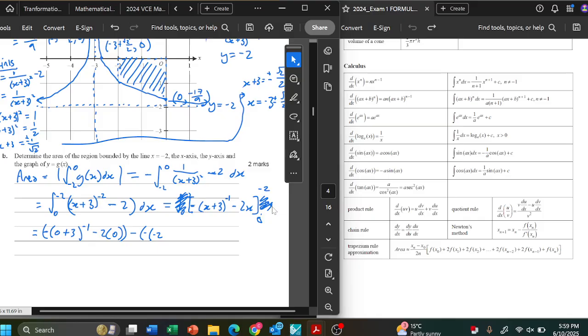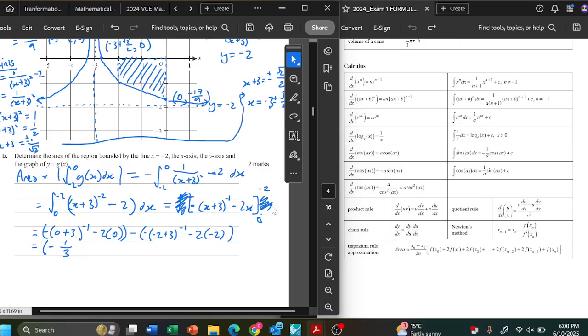That is -2, so (-2 plus 3) to the power of -1 minus 2 times -2. Let's see if I can get this right. First up, this is -1/3. Where did I go wrong here? It's from 0 to -2.